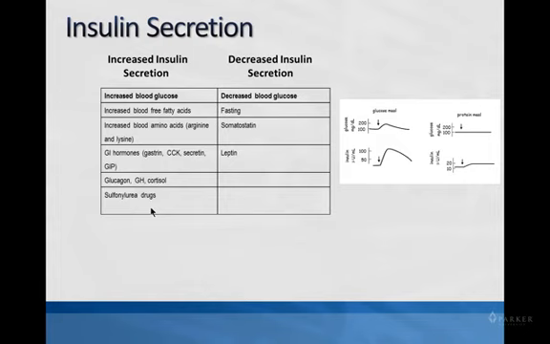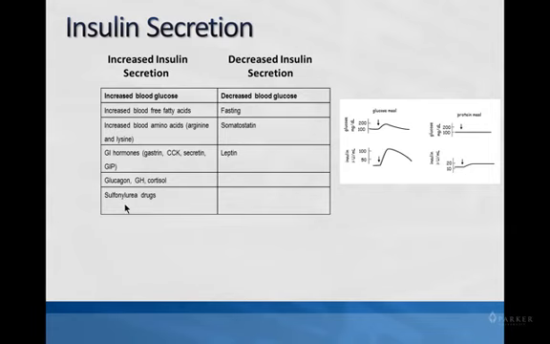Because with type 2 diabetes mellitus, it's mainly a problem with insulin sensitivity. They require more insulin to have the same effects as in a normal person. So what they're doing with these drugs is trying to increase the production of insulin by the pancreatic cells in these patients.